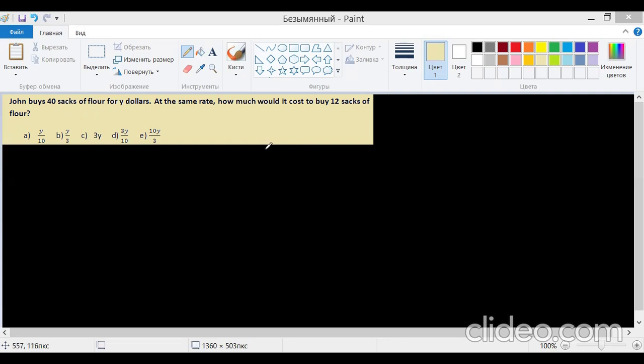Okay, let's do that. So we know it's a matter of proportion, an ordinary proportion, which helps a lot of time in many cases when it comes to dealing with such relatively easy arithmetic operations.